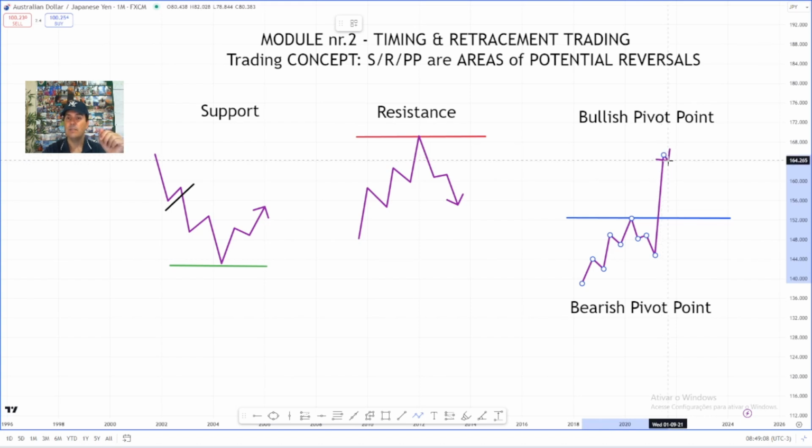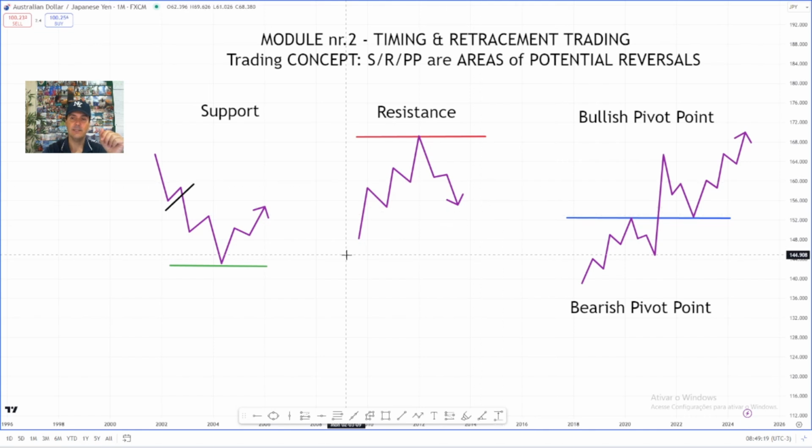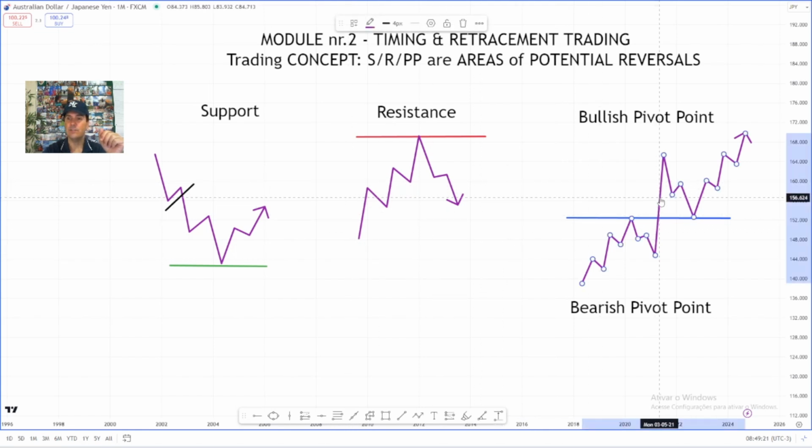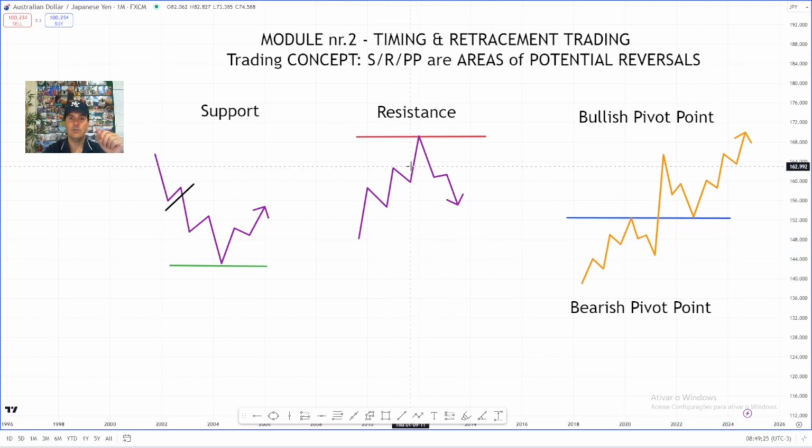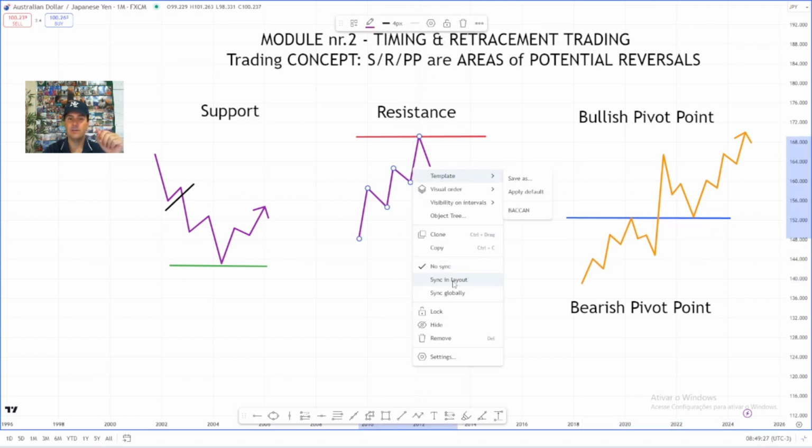Step number 3, it's going to find support on the other side of the pivot point and then continue its way.